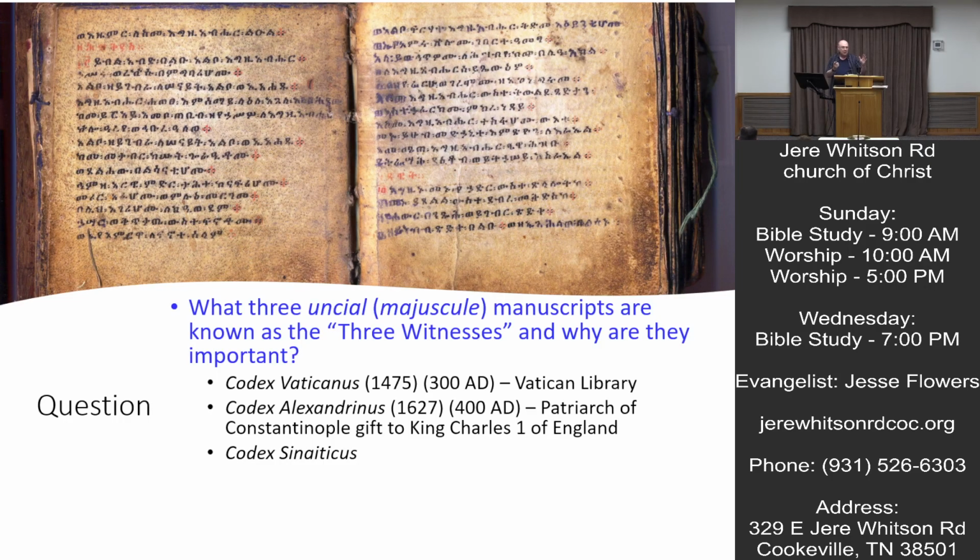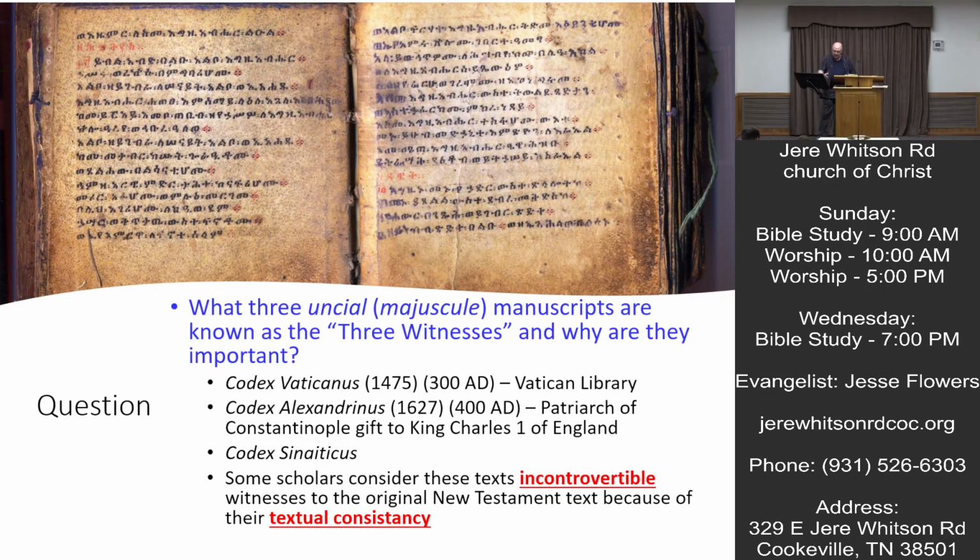They're all from the same region, Western Europe, or Egypt, and some of the scholars consider these texts to be incontrovertible witnesses because when you look at that, these three came from completely different places around an early period of time, and they're all saying the same thing. So the textual consistency is a big deal in this.